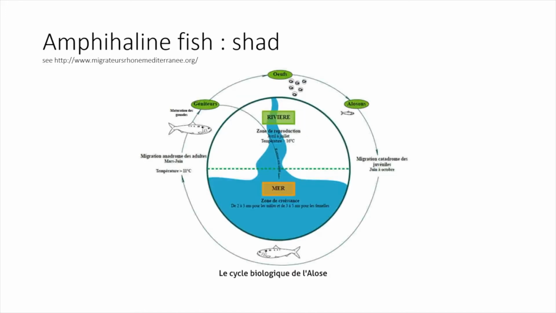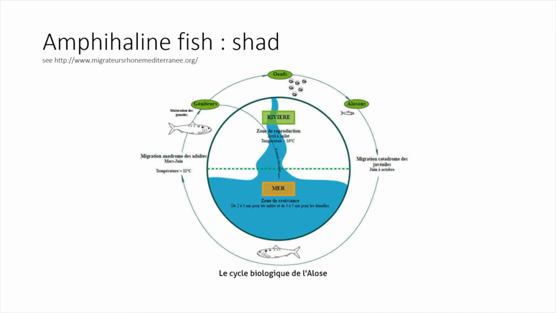These species are called amphihaline fishes, from the Greek amphi, meaning both sides, and halin, meaning salt. First, the shad, Alosa alosa in Latin, like sea lamprey, Petromyzon marinus in Latin, and sturgeon, Acipenser sturio in Latin, reproduces in river and grows at sea.